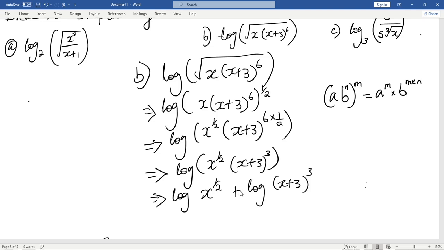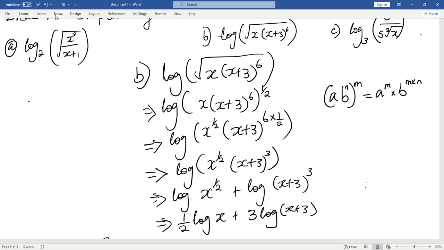Then we utilize another property for logs where we just need to drop the powers. So the final result is going to be half log of x plus 3 log of x plus 3. Okay, so this is how we break down b.